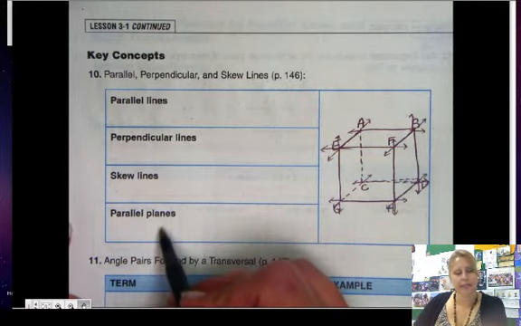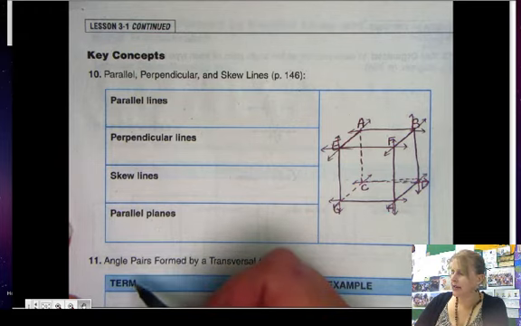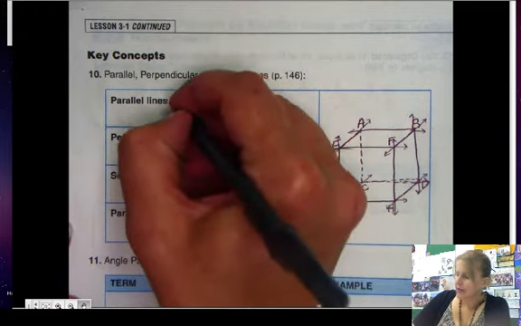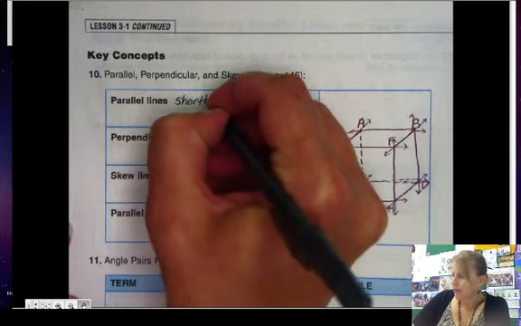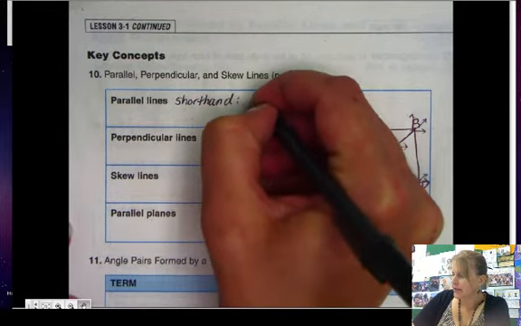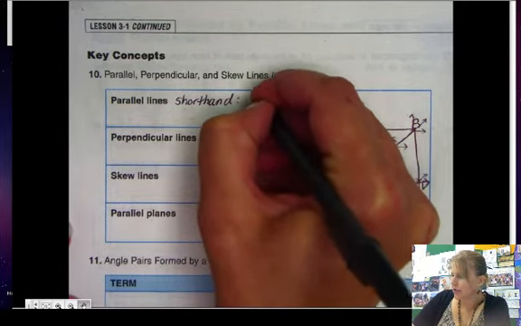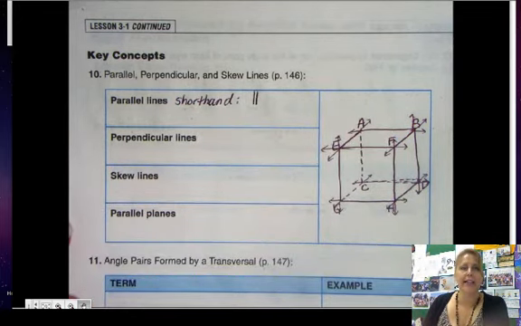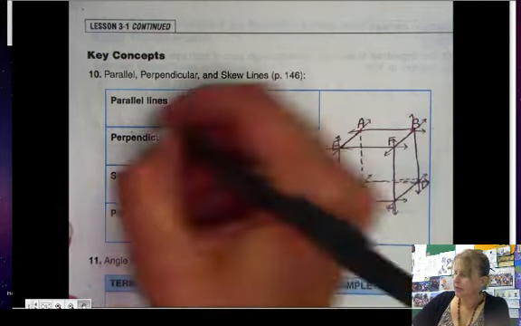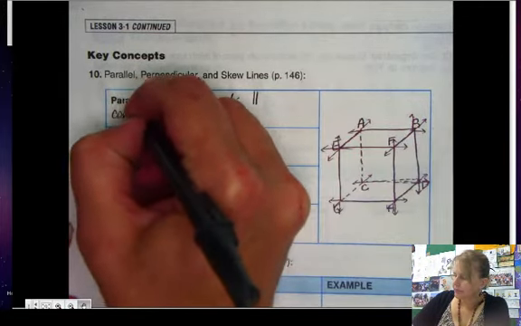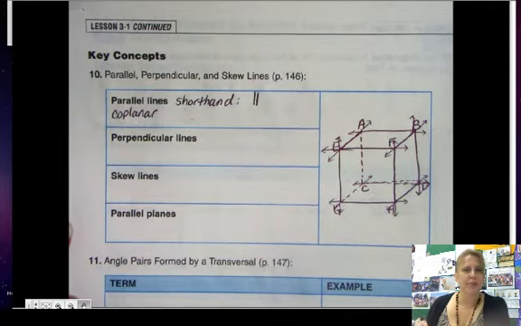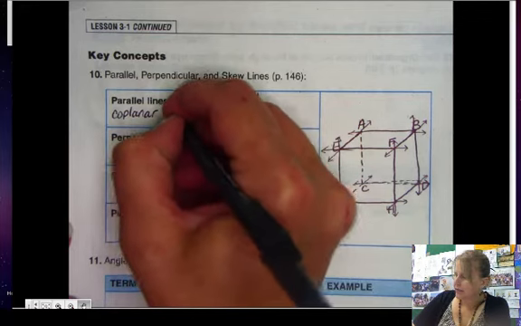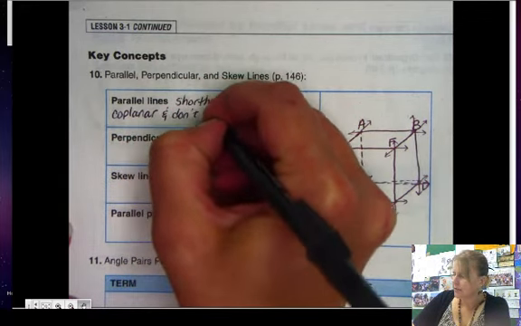All right, so now we're going to talk about our segments, our lines, parallel, perpendicular, skew, and then parallel planes. So parallel lines: the shorthand for writing parallel is two large lines that look like L's, two L's stuck right next to each other. Parallel lines are coplanar, which means they have to be on the same plane, and they do not intersect.